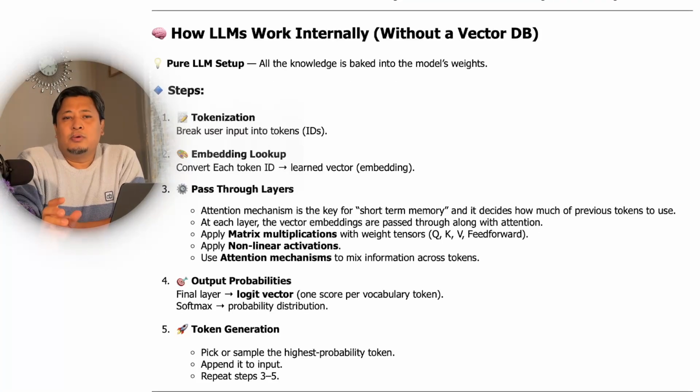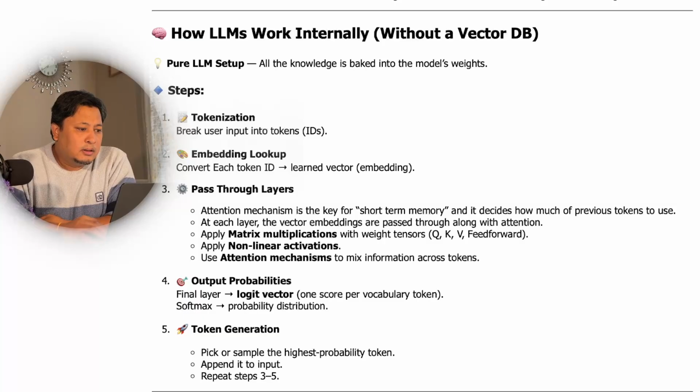Next, we will deep dive into how a large language model works internally with and without a vector database. In a large language model without a vector database, the first step is tokenization, where user input is converted into tokens.